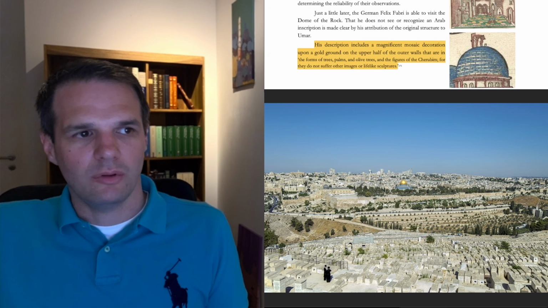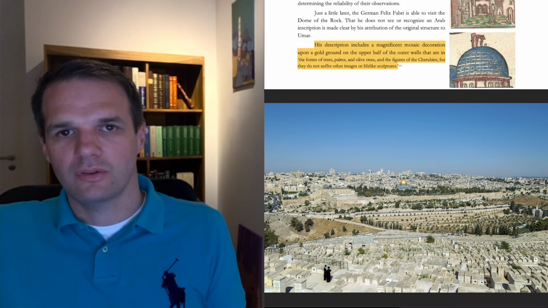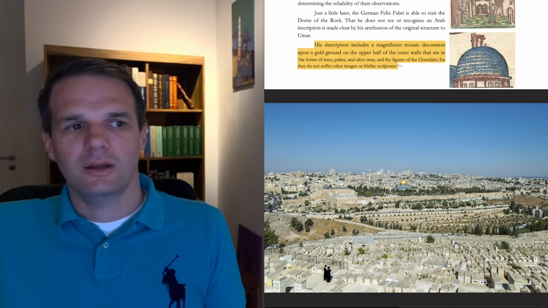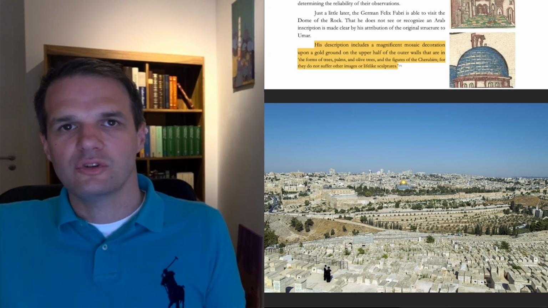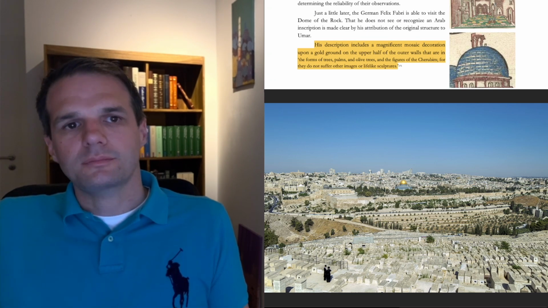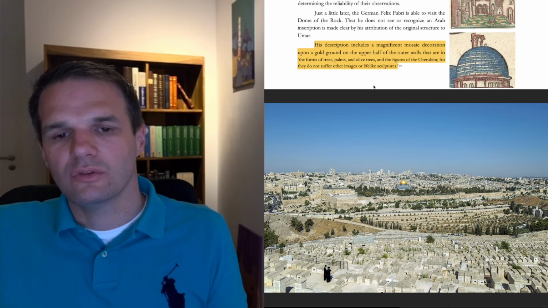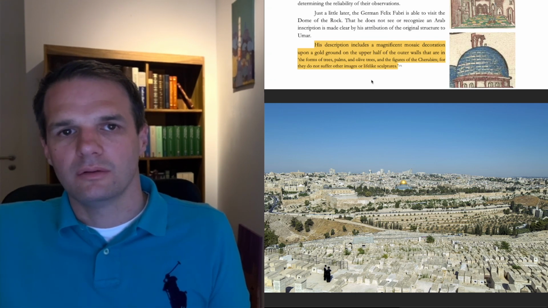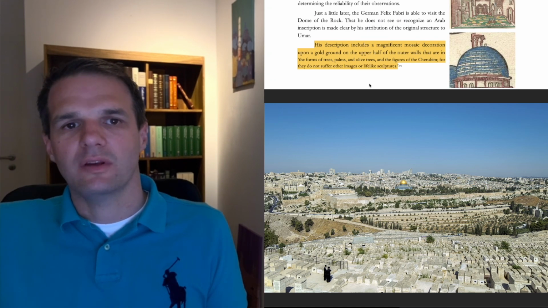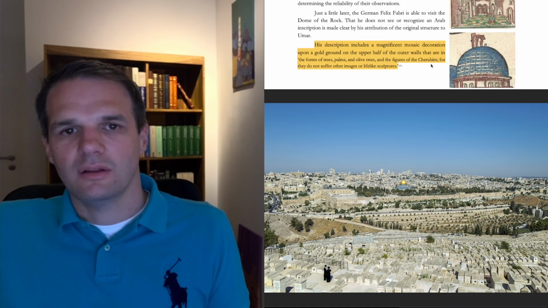What we do know about the original mosaics on the outside is that there definitely was some floral imagery. The original mosaics that were found do contain some leaves. So that much makes sense, and is also in line with what we see, for instance, on the Umayyad Mosque in Damascus. But of course here the bone of contention are the cherubim.